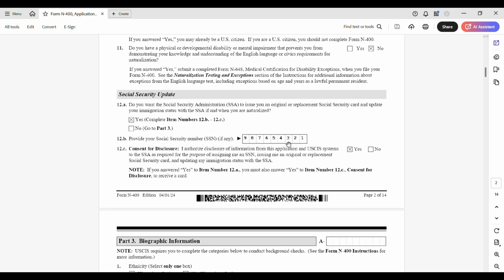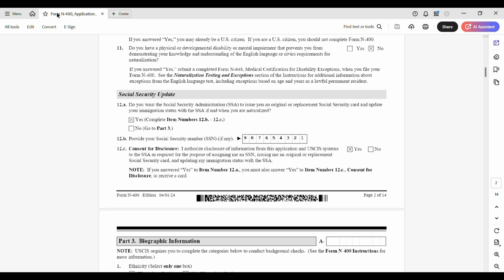But if for whatever reason you do not have one, then you would put none right here. 12C, consent for disclosure. I authorize disclosure of information from this application and USCIS systems to the SSA as required for the purpose of assigning me an SSN, issuing me an original or replacement Social Security card, and updating my immigration status with the SSA.